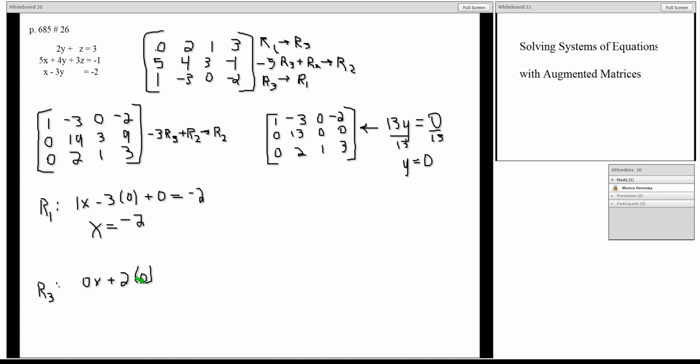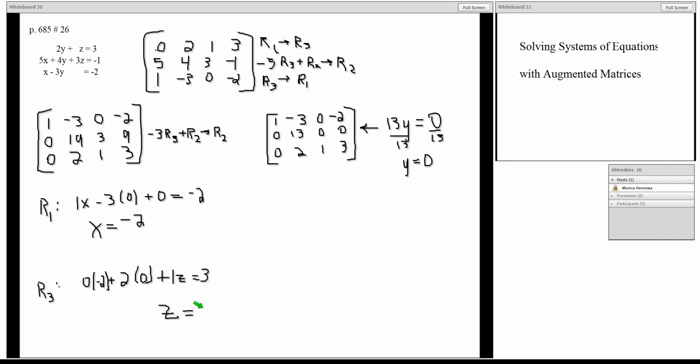I don't like that x. Rewrite it. x equals negative 2. Okay, and if I had another equation that had more than just zeros in it, I could use both the x and the y right now because I know both of them. But when I look at row 3, I don't need the x. I just need the y. And I can solve for z.